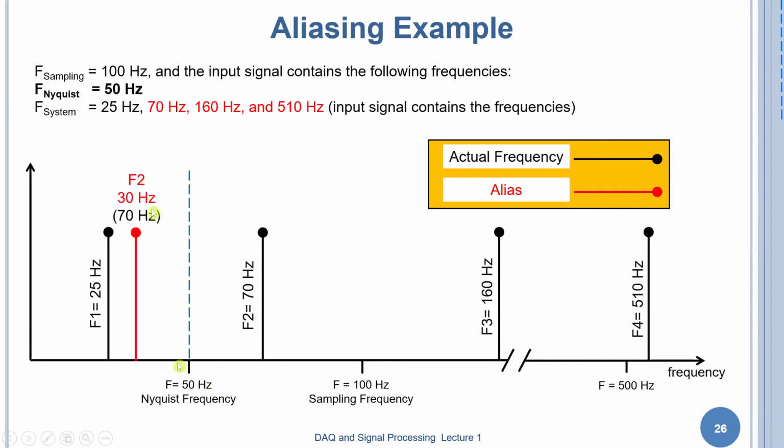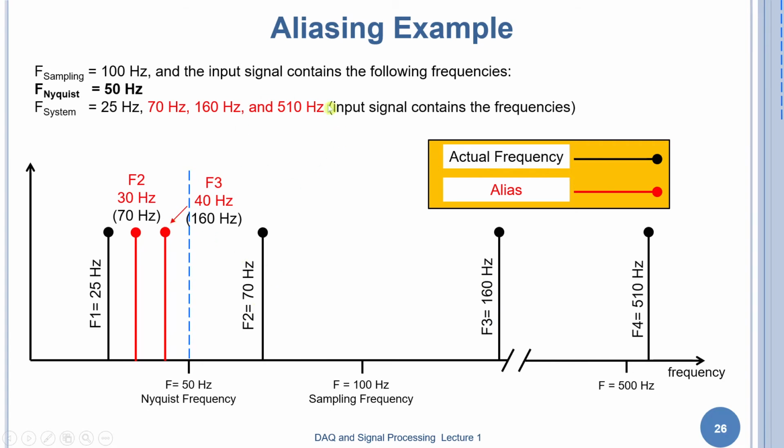Instead of getting 70 hertz I ended up getting a 30 hertz signal. Now let's look at what would happen for 160 hertz. For 160 hertz we will get something like 40 hertz. So these 40 hertz and 30 hertz are aliased signals of 160 and 70 hertz respectively.